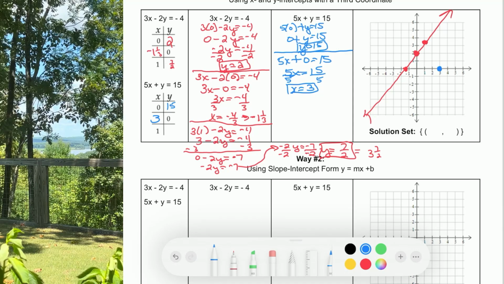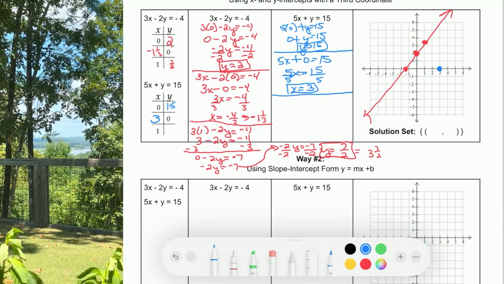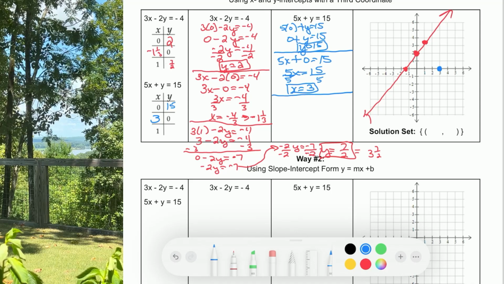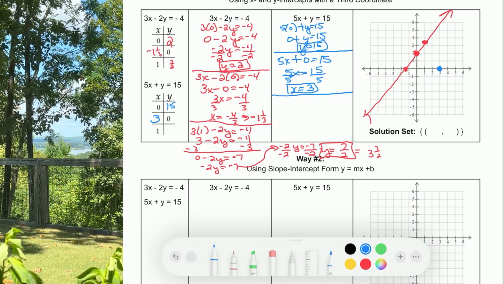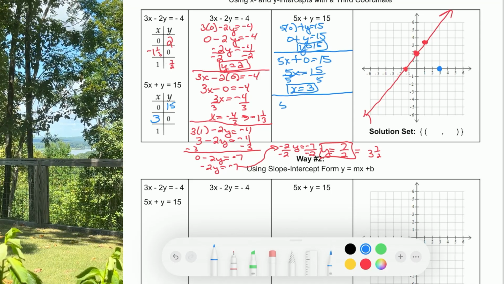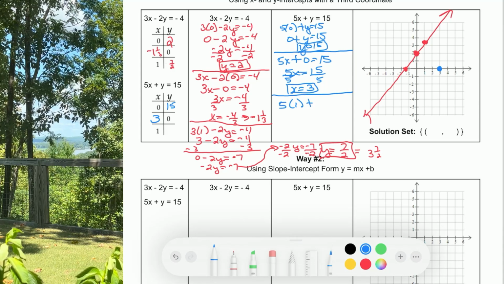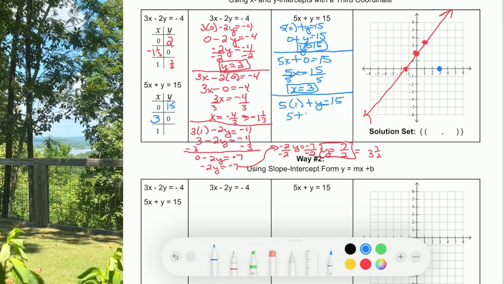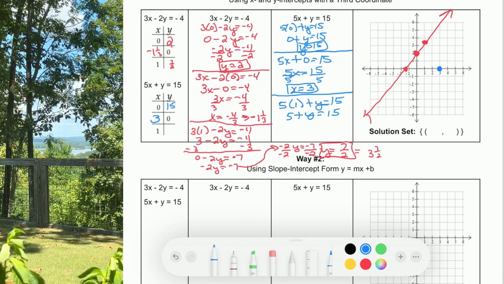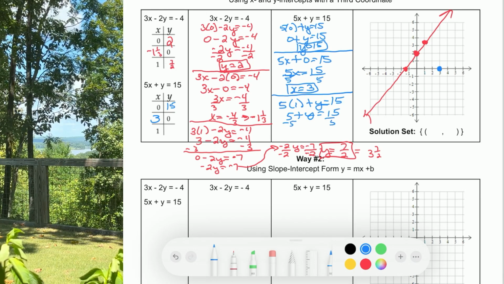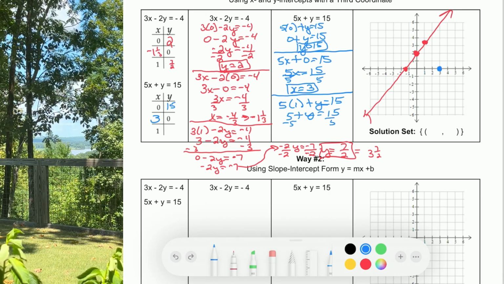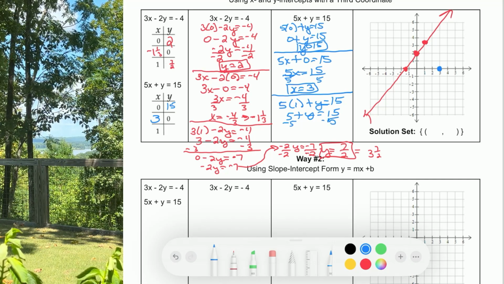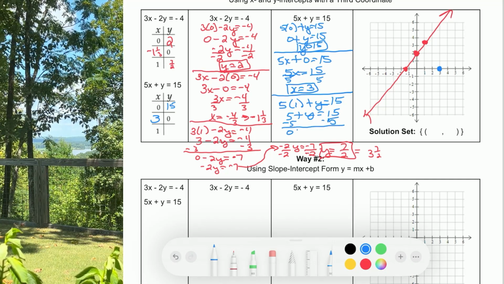Now let's use the 1 for our x and see what we get for a y. Let's do 5 times 1 plus y equals 15. I'm going to get 5 plus y. Subtract 5 from both sides. Not divide. Subtract. And I get 0 plus y equals 10.